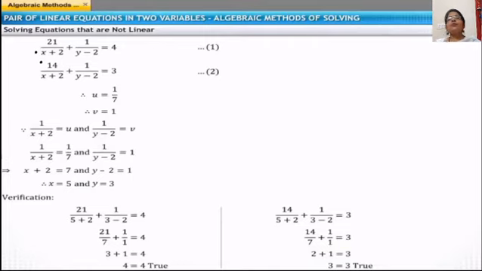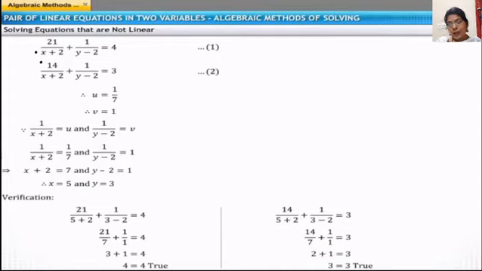It is up to us what we take. Here I have taken uv. So 1 upon x plus 2 is taken as u, and 1 upon y minus 2 is taken as v. Why? Because 1 upon x plus 2 is seen in the first equation and also in the second, and 1 upon y minus 2 is also seen in both the equations. So we will take 1 upon x plus 2 as u and 1 upon y minus 2 as v.